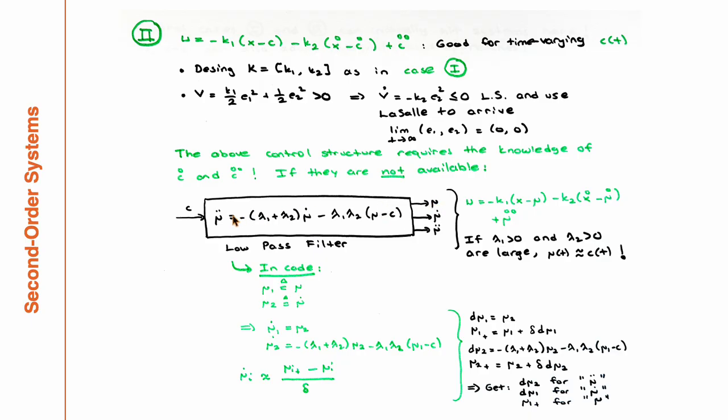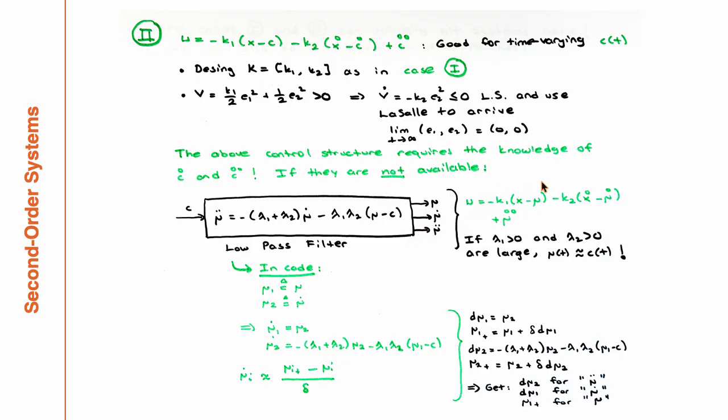So instead of using C dot, C dot dot, you are going to use mu dot and mu dot dot. Here, only C is available. I am passing it through a low pass filter, and instead of the command, I am using mu dot and mu dot dot. I am not using C dot, C dot dot, because I am assuming I don't know them because of the measurement noise or a pilot, whatever the reason is.